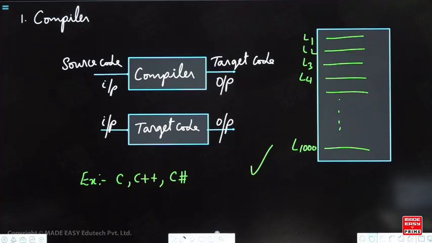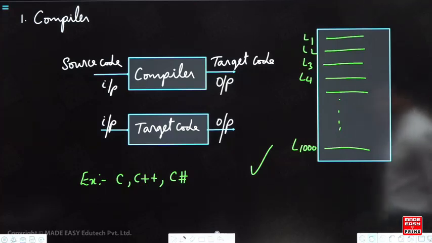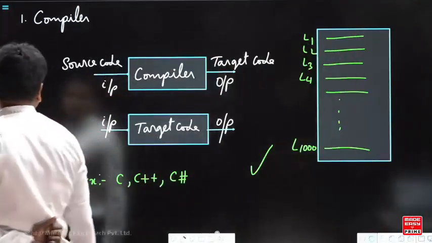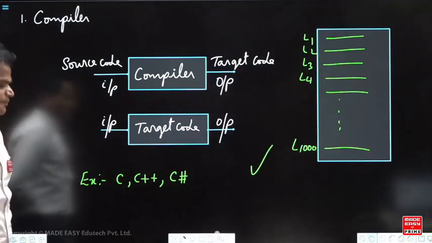Compiler takes the source code as input and produces the target code as output.